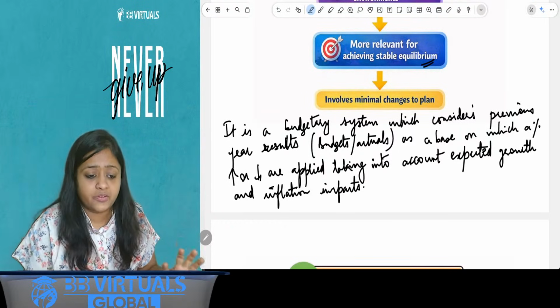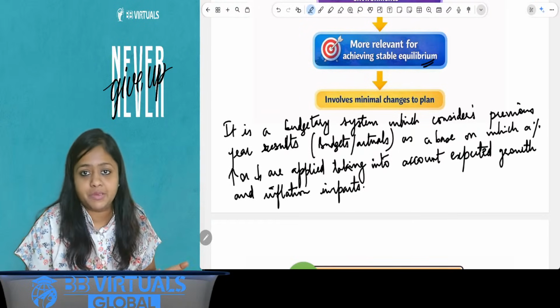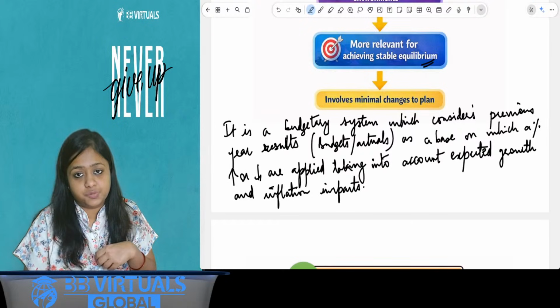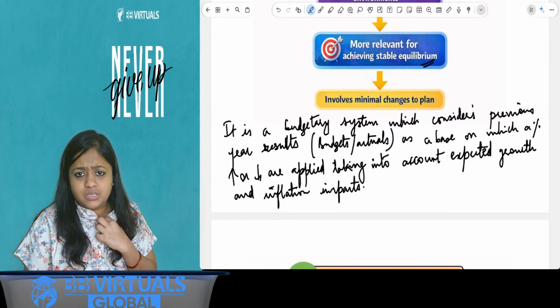So we would always be recommending it for established businesses only and not other than established businesses. Makes sense, right? It's very logical.